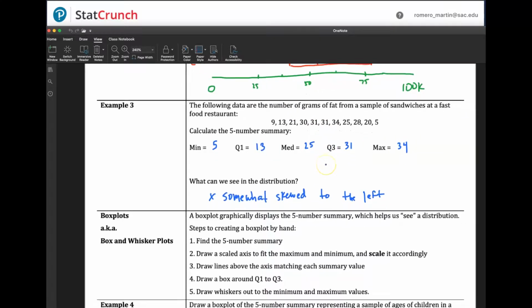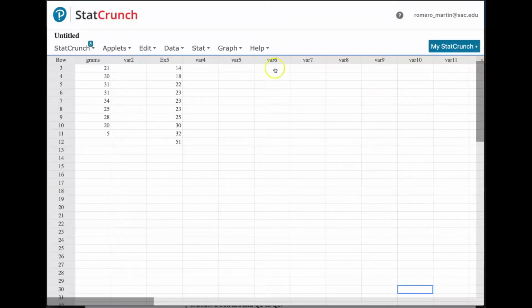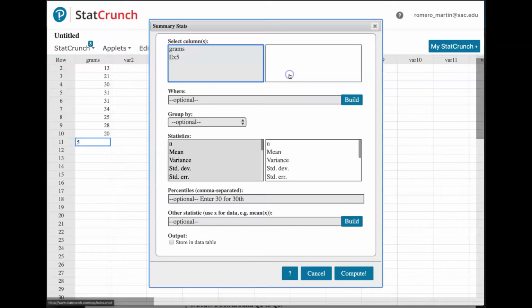What I want to show you right now is StatCrunch real quick. Here's the data. In StatCrunch, you enter in the data, there it is here. Then you go Stat, Summary Stats. Summary statistics is where we're going to get a lot of our statistics from. Columns, and I choose the grams. That's the data entered. Notice in the statistics you have all these choices.